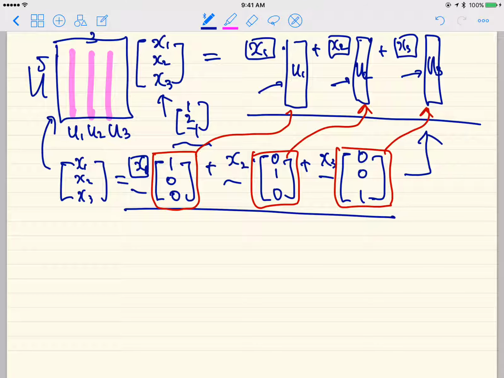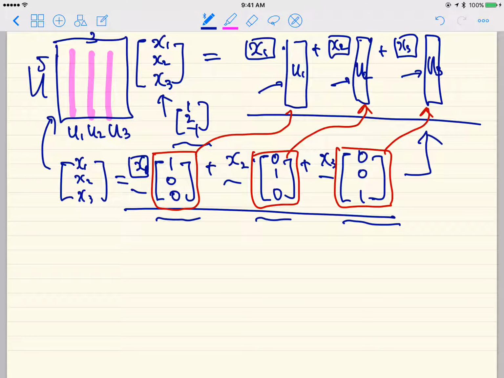Okay, and now u1, u2, u3 have the special property of being normal, which means they are perpendicular to each other, or orthogonal to each other, and also the length of each vector is 1, right? And so let's think about this very special case of the standard unit vectors: 1 0 0, 0 1 0, and 0 0 1.